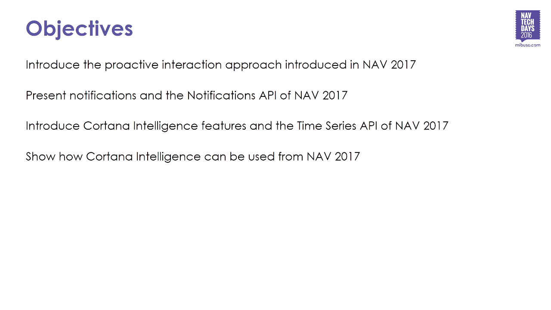And following that, I'll introduce you to Cortana Intelligence. We'll do a deep dive into machine learning, and I'll show you how you can leverage that inside NAV, and we'll also peek into how you can, in general, use Cortana Intelligence from NAV in other ways than by the APIs that we have integrated.